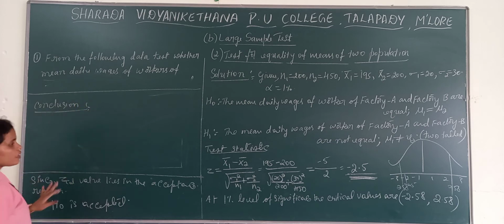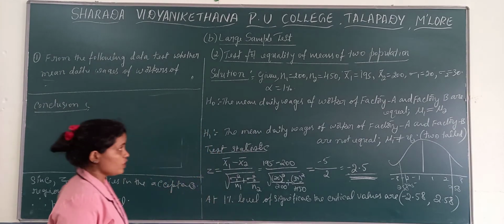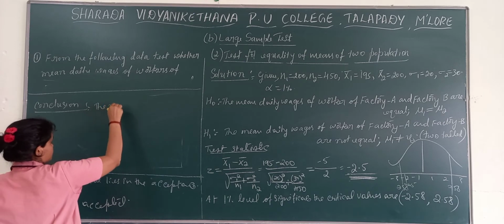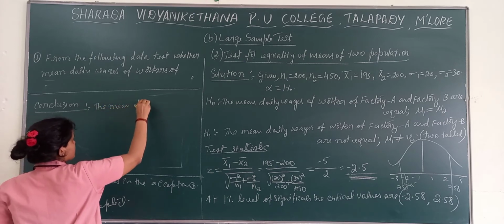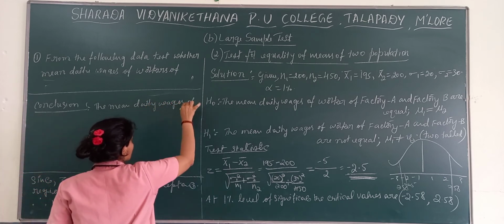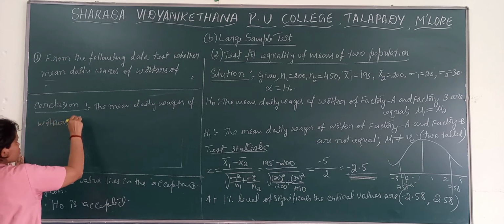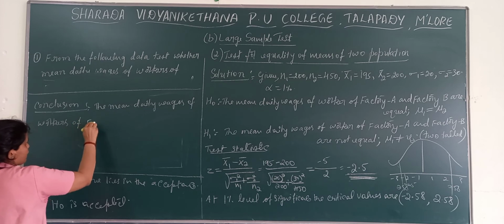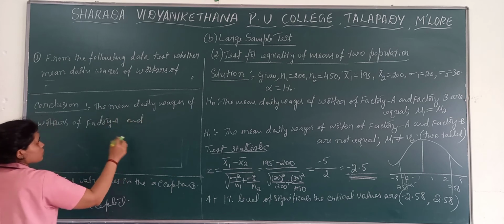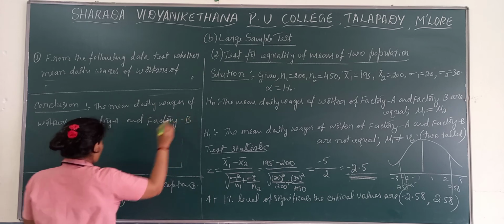Since we accepted the null hypothesis, we need to write the null hypothesis once again: the mean daily wages of workers of factory A and factory B are equal.